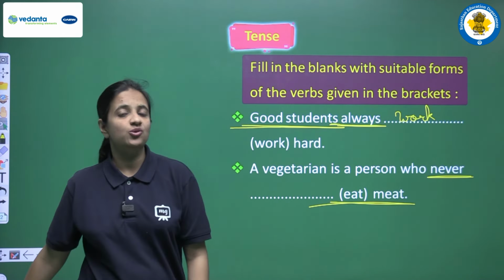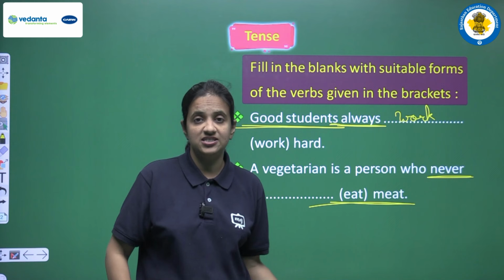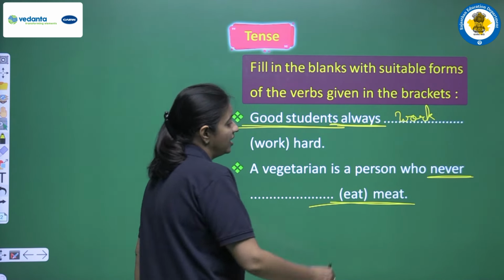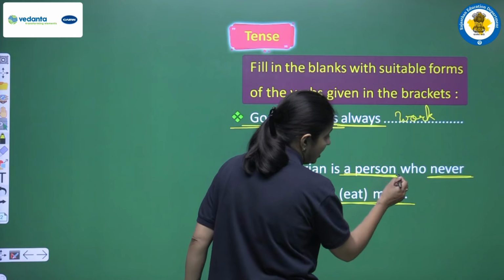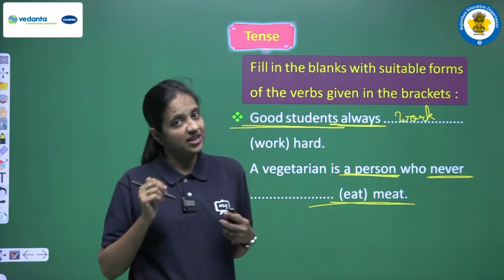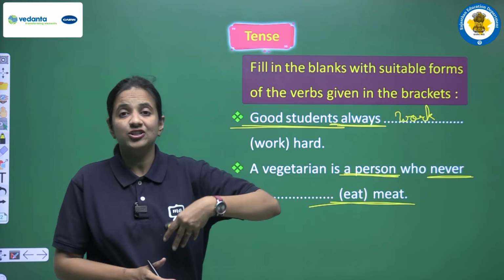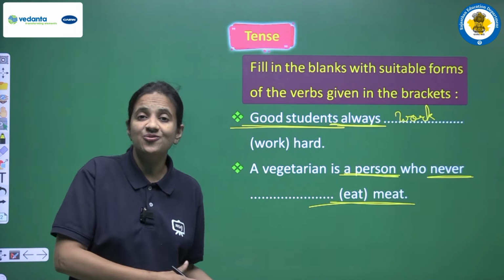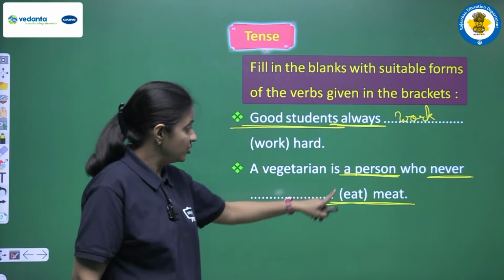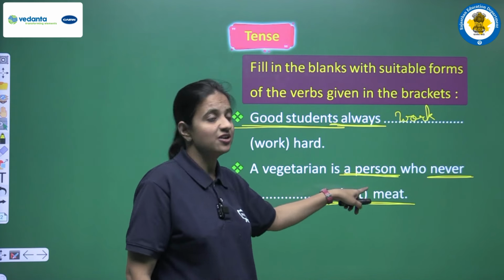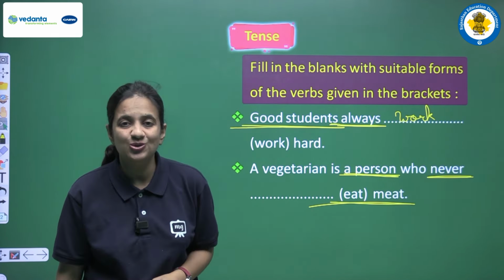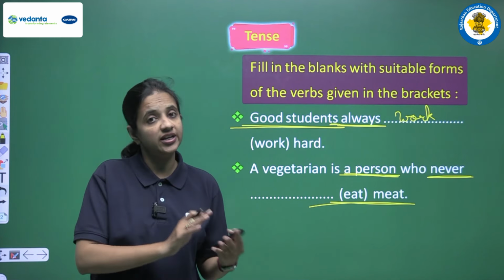So again we will use present simple tense, right? And again this is a positive sentence, but now we have a singular subject, we have person. So we have to observe very carefully whether the subject is singular or plural, because according to that we have to apply the rules. So here we have a singular subject, a person, and for singular subjects we have to use first form plus s or es, right?